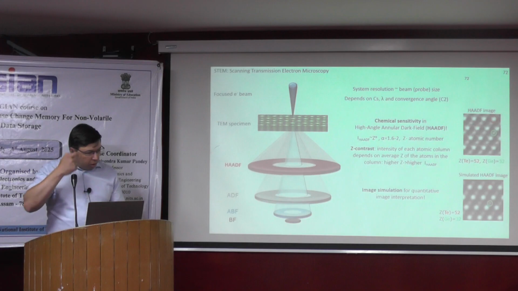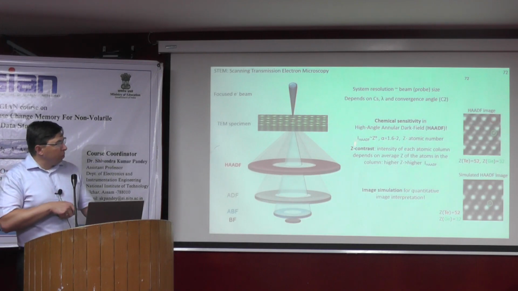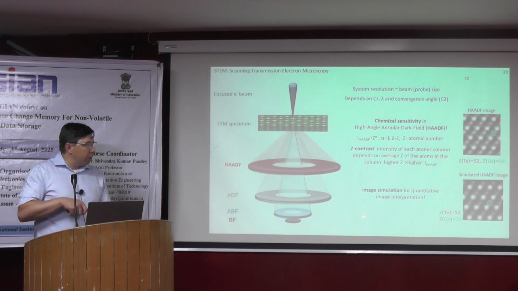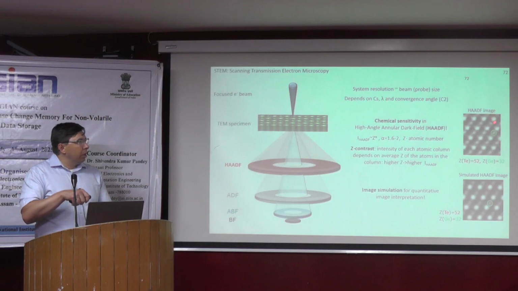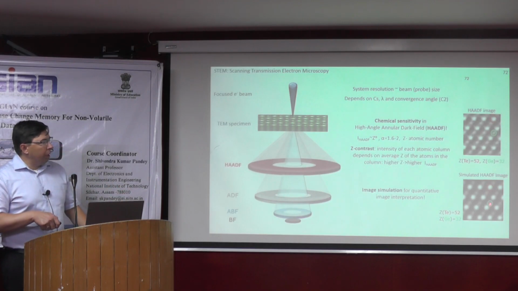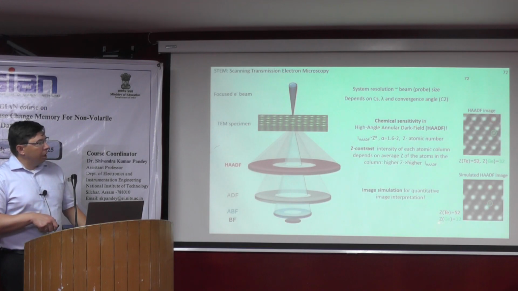And if you don't believe this HAADF technique, you can make a simulation for quantitative image interpretation, and you can see nicely that the higher intensity, brighter dots are tellurium, because we have a structure model to compare in the simulation, and the less bright dots are germanium.